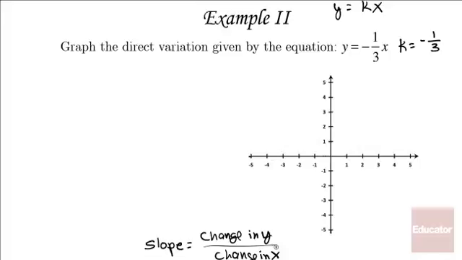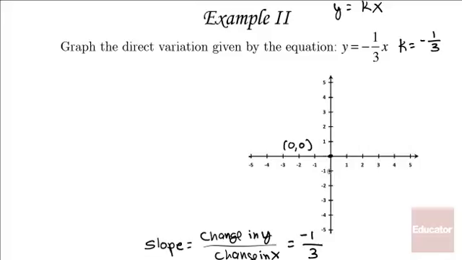Another important piece of information is that the graph for a direct variation passes through the origin. That's very helpful because I know that I have 1 point already. I have the point 0, 0. I then look at the slope, and I say slope is the change in y over the change in x, and I can go ahead and rewrite this as negative 1/3 to make things a little bit clearer. And I know that I'm going to need to decrease y by 1 and increase x by 3 to find the next point.